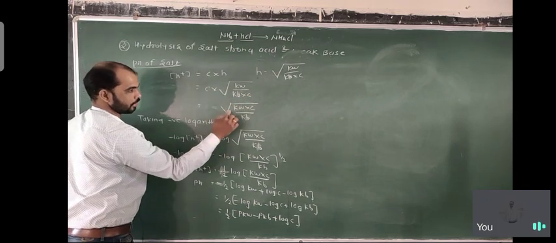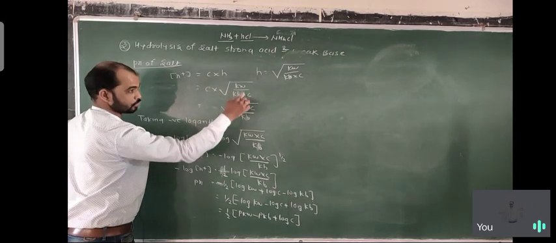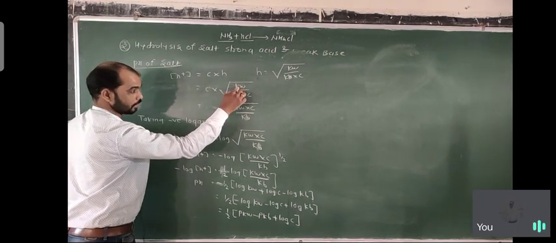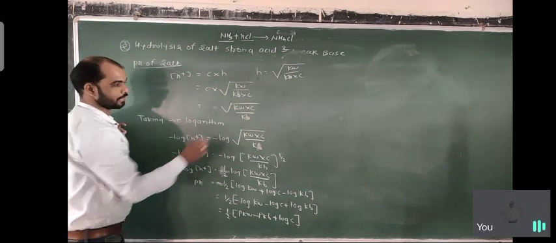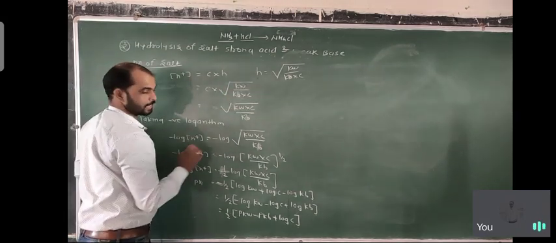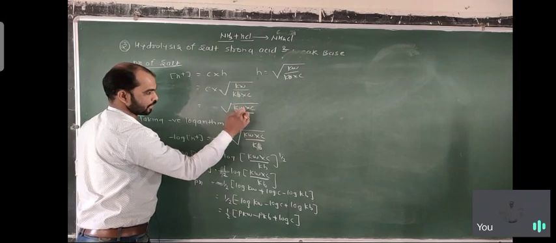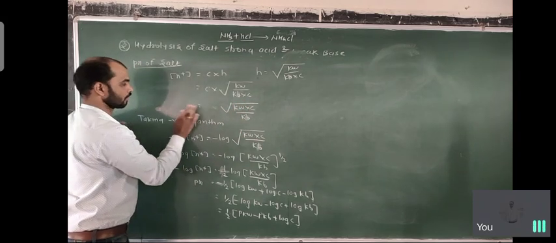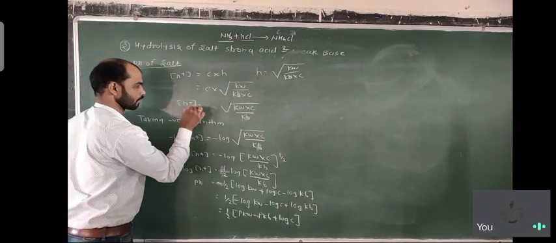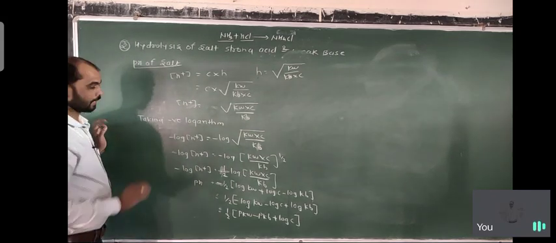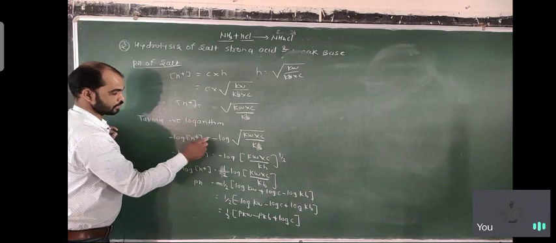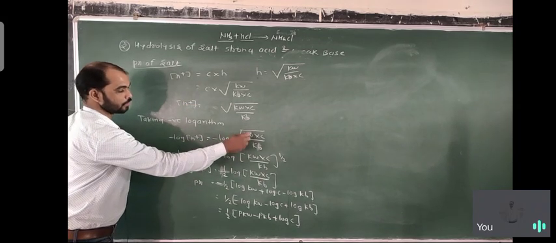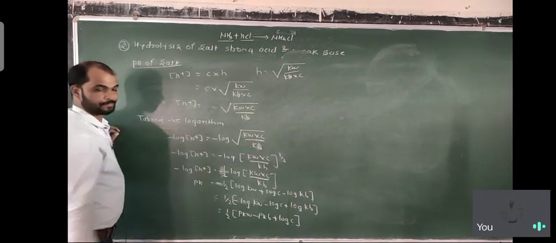When it comes into under root, C comes to the numerator and multiplies with KW. So KW into C upon KB gives us the value of H plus. Then we take the negative logarithm of both sides: minus log of H plus is equal to minus log of under root KW into C upon KB.